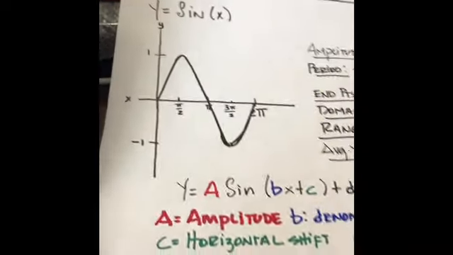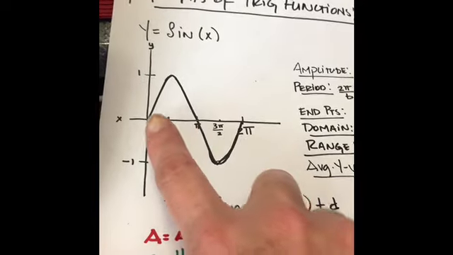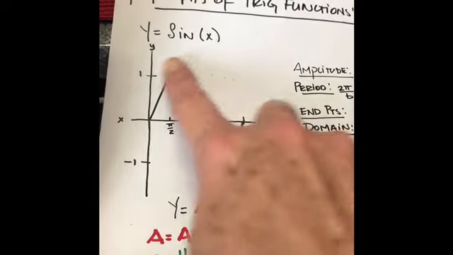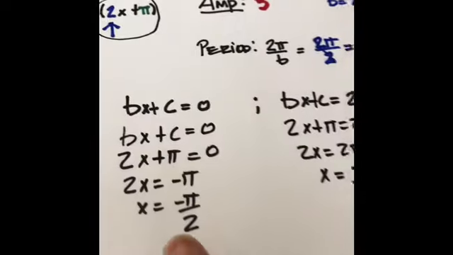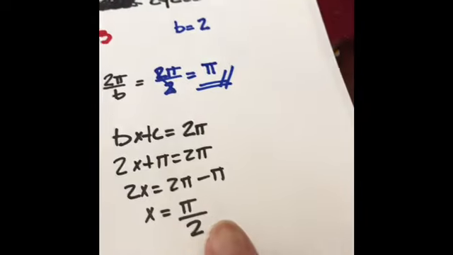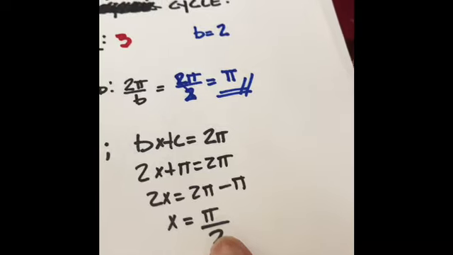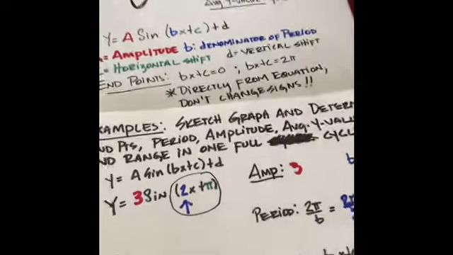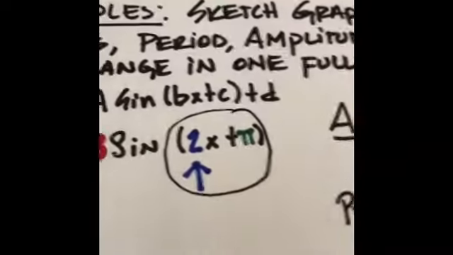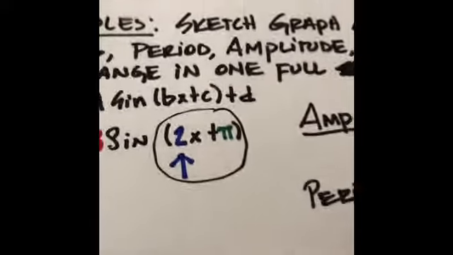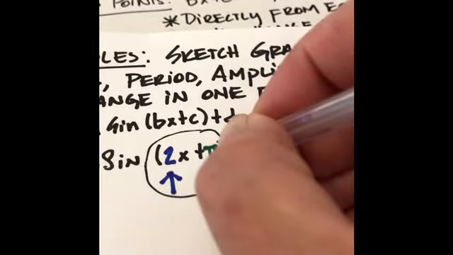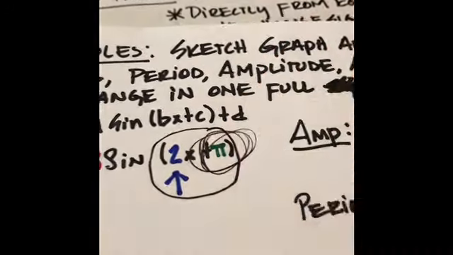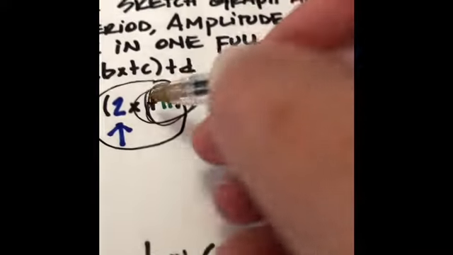Let's remember that the basic graph of the sine function goes from 0 to 2 pi in one full cycle. According to what I got in the endpoints, my graph is going to begin at minus pi over 2 and end at pi over 2. Why is this? Let's remember from your previous math courses that this part over here gives me the horizontal movement, and it's a plus sign.